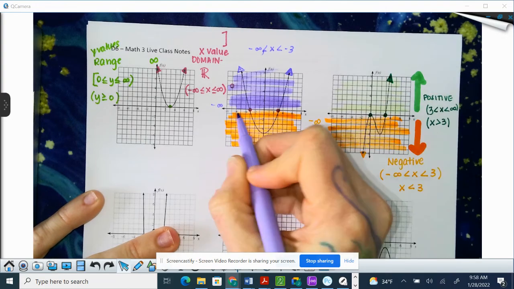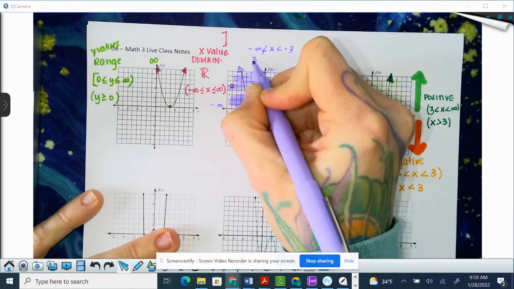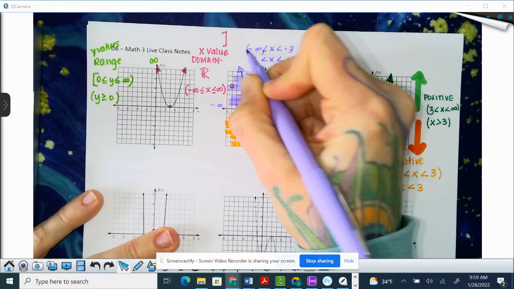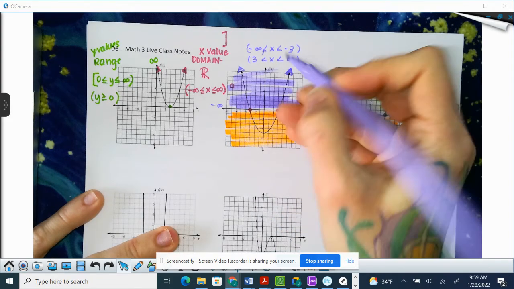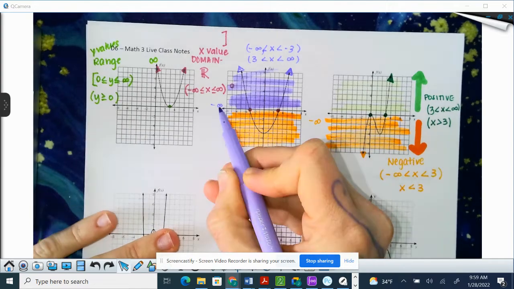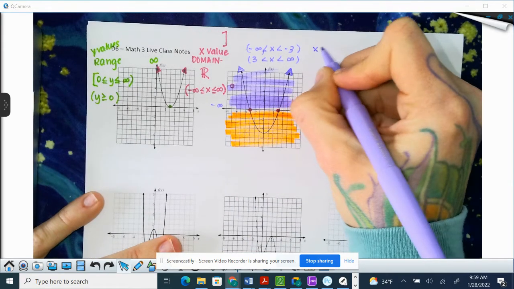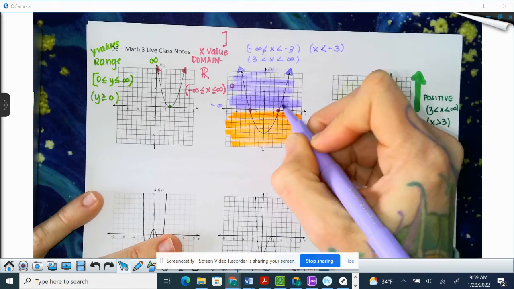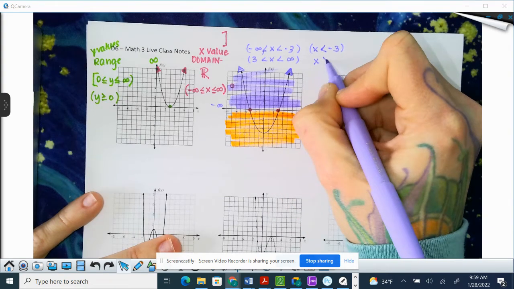And then from positive 3 to positive infinity. And your other notation would be all values less than negative 3, so x is less than negative 3, and then all values where x is greater than 3.